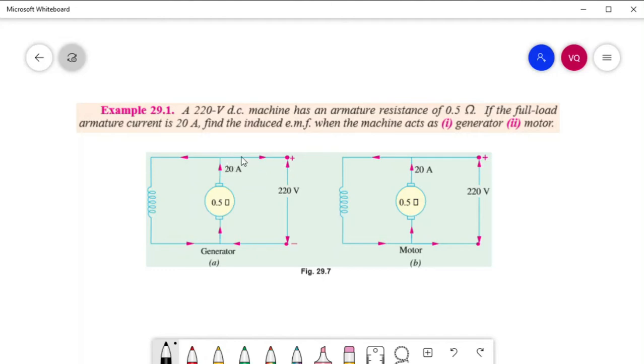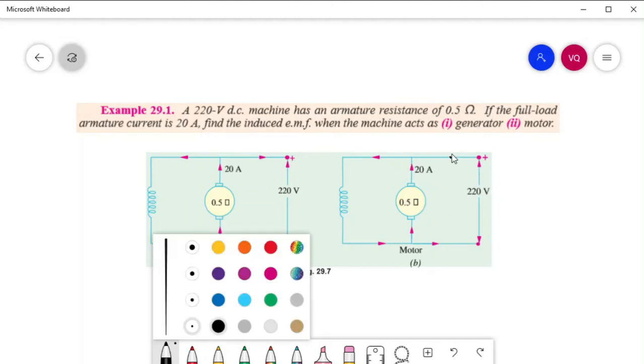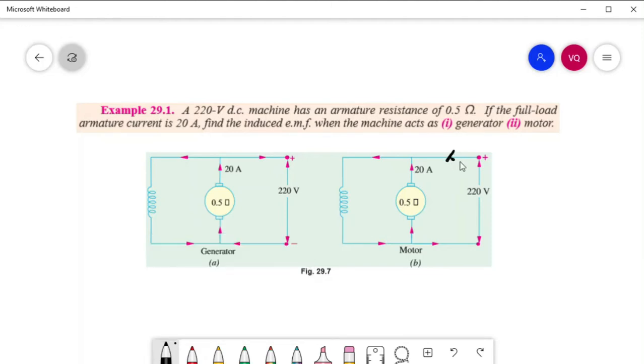So that is the direction of the current. While in the motor, we have an external source of Vt equal to 220 and it will supply the motor, so this is the direction of the current in the source. We have in the generator what we call the generated EMF, and in the motor we have the back EMF.